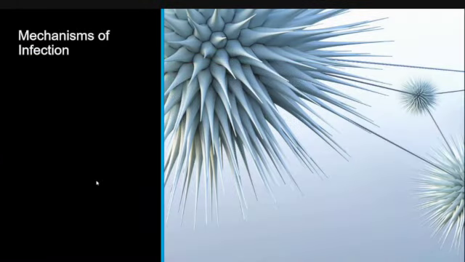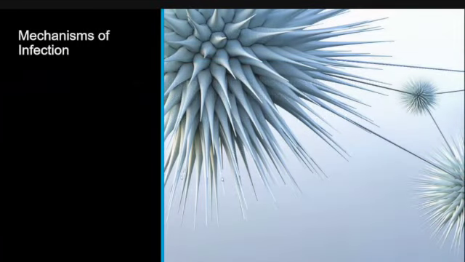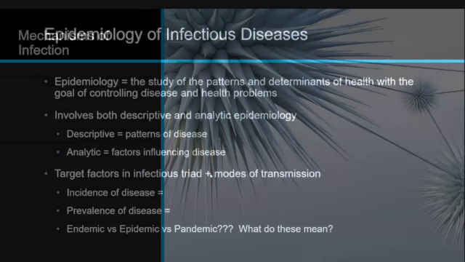But what won't work are things like cell wall inhibitors, etc. So these characteristics become really important when you start thinking about treatment. Keep these in mind, because that's going to help you figure out why certain antimicrobials work and others don't. All right, let's talk about mechanisms of infection.